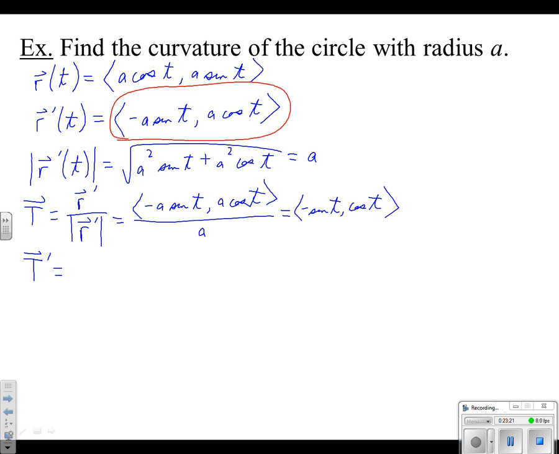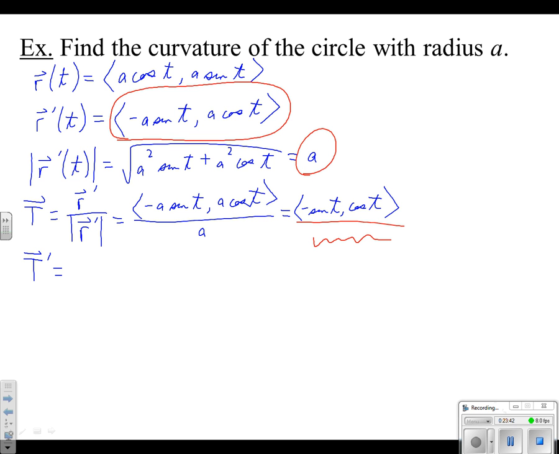But because T is divided by that a, it changes things. What if the magnitude of r prime had not been a constant? What if it had been some other function? Then T would have some other function dividing on the bottom.